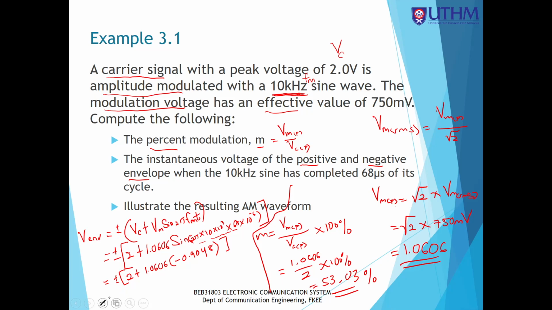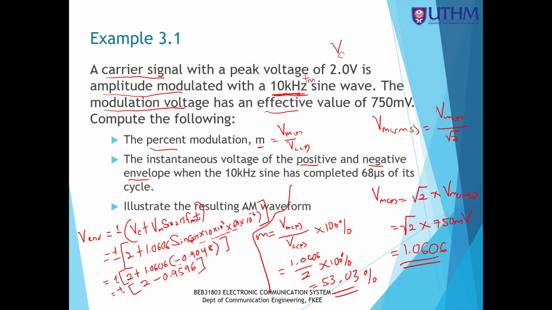Okay, so this is equal to plus minus, 1.0606 multiplied with 0.9048, so I get negative 0.9596.